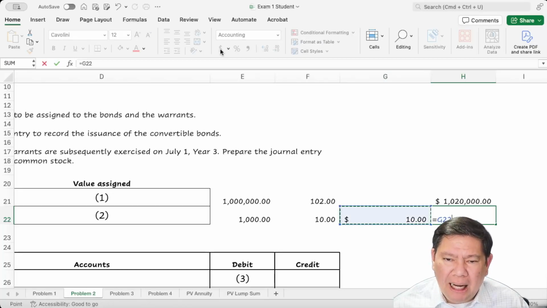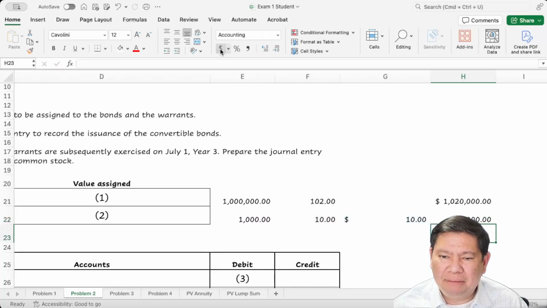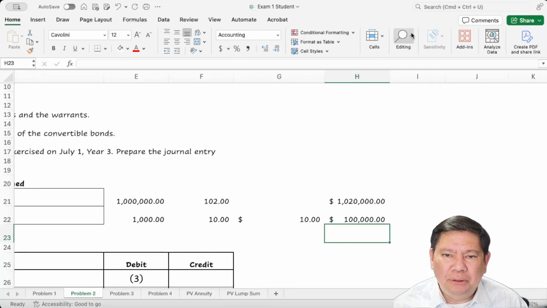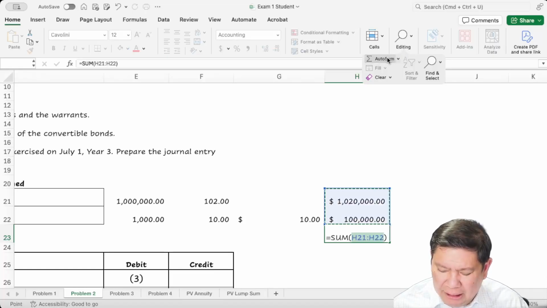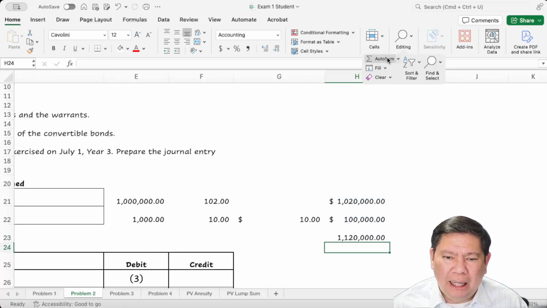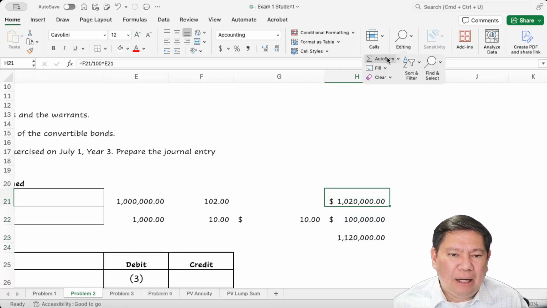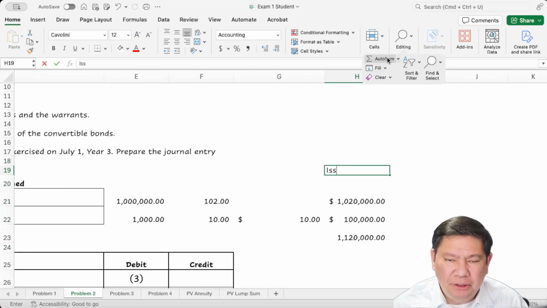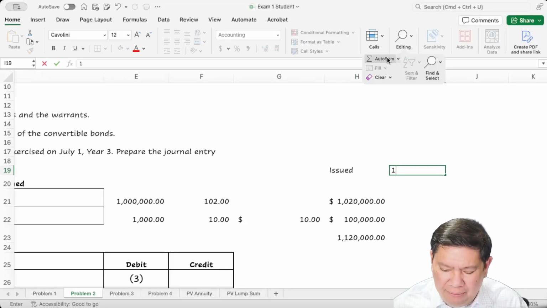If we multiply $10 times 10 warrants that you get for every $1,000 bond, the total is $100,000. If you add these two, the total is 1,120,000.